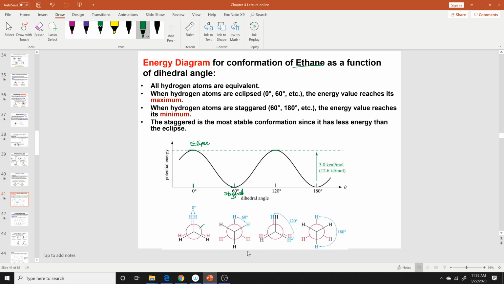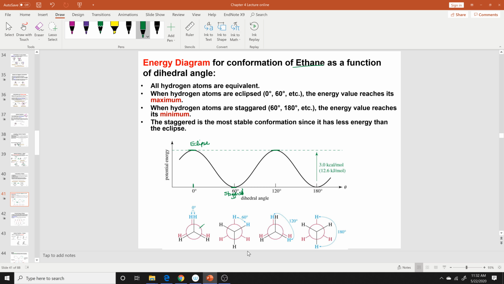That is going to be the staggered conformation, and now the angle between these two hydrogens is 60. Again, the dihedral angle axis is just a representation of the dihedral angle between the two groups that you point at. So normally you choose the groups that you want to plot their energy graph or energy diagram.